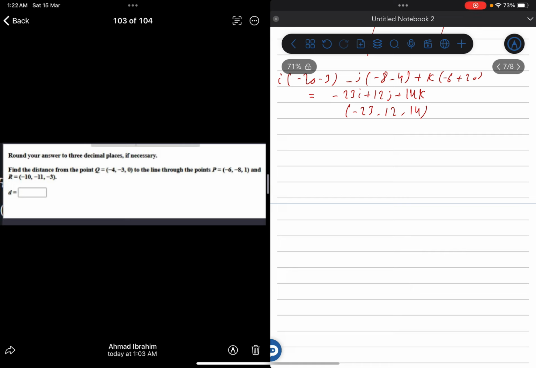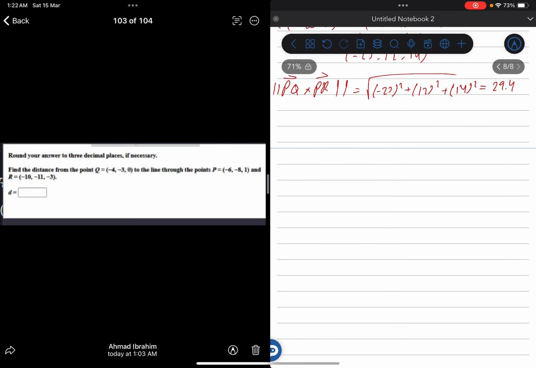And now we have to find the magnitude of PQ cross PR. It will be 12 square, 14 square. It will be 29.4. Okay, and now we have to find the magnitude of PR. It will be negative 4 square, negative 3 square, negative 4 square.